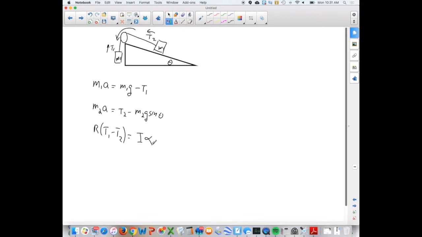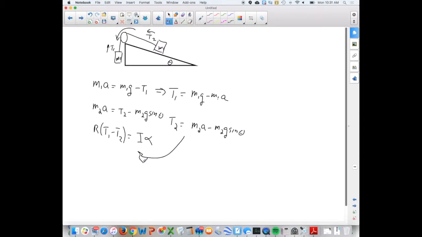And again, we're just going to do as we've done before. T1 is equal to M1G minus M1A. T2 is equal to M2A minus M2G sine theta.